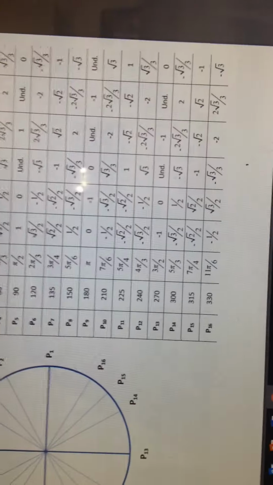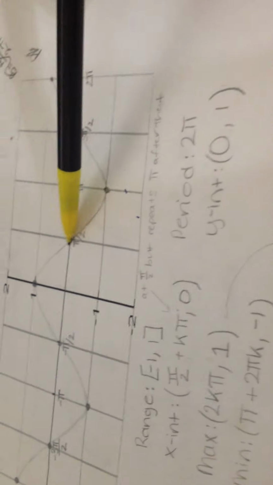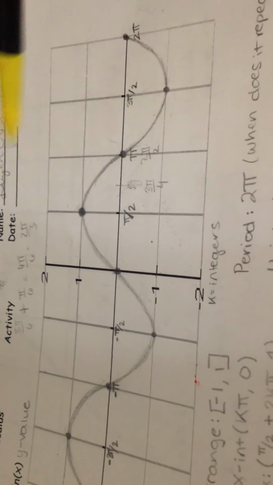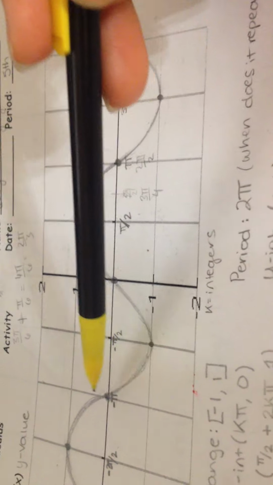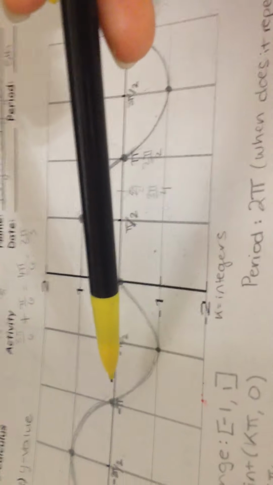And then that's the same for cosine as well. You just look at this chart to know what the points are for these ones. So usually we remember the main points right here, this point, this point, this point, this point, and this point.